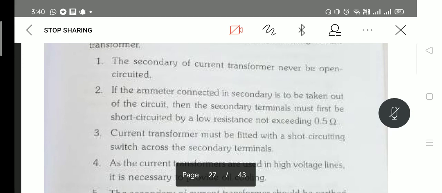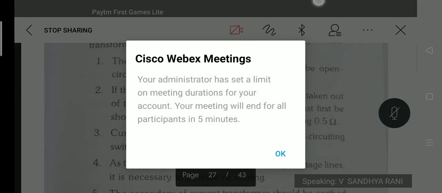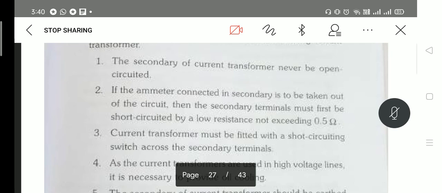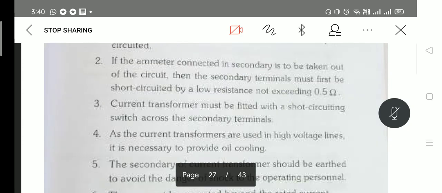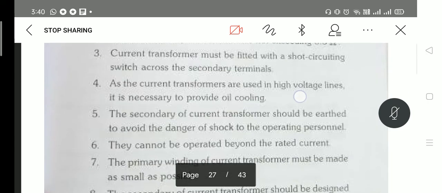So we can use the secondary side as short, but we cannot open it. The current transformer must be fitted with a short circuiting switch across the secondary terminals. This is the same point: the secondary side will be short circuited.